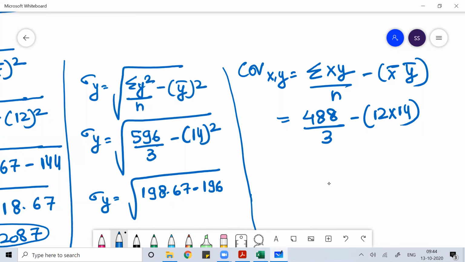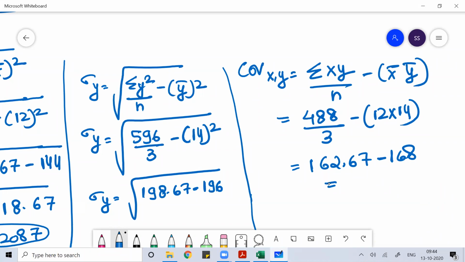So you can solve this. This is 162.67 minus 12 into 14. 12 fours are 48, 12 into 14 is 168.